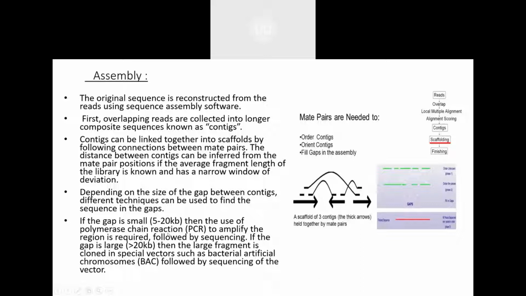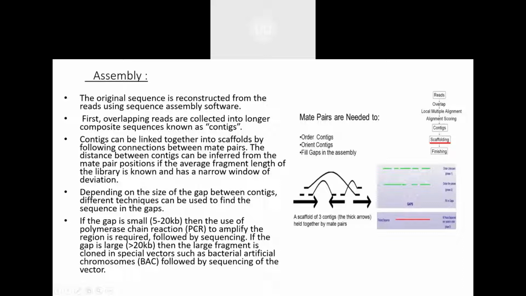And about mate pairs I have told in the previous slide. So contigs can be linked together into scaffolds by following connections between mate pairs. The distance between contigs can be inferred from mate pair positions if the average fragment length of the library is known and it has a narrow window of deviation.